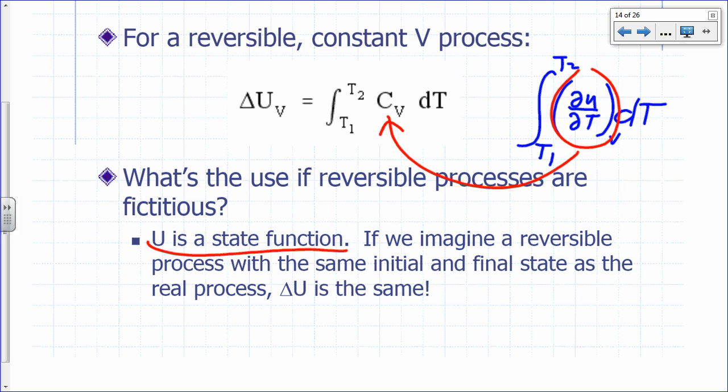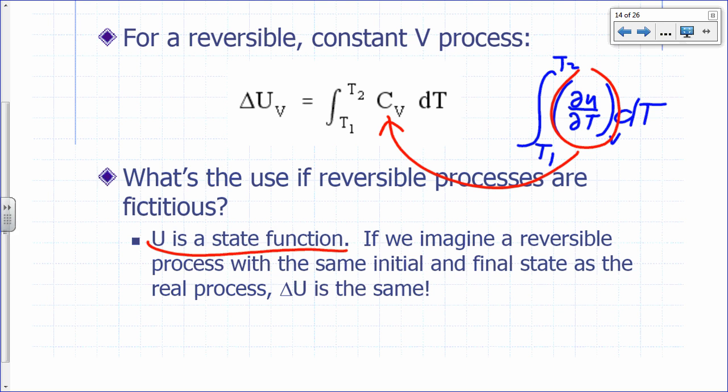Even if that's not what actually happened, as long as you've identified your initial state and your final state, you can just imagine a reversible process that will take you from your initial state to your final state. If you calculate delta u for that, you get the same delta u regardless of what path you take, right? U is a state function, it's path independent.